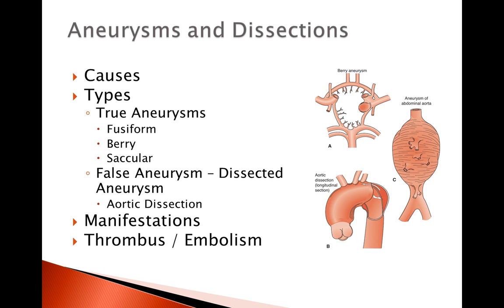In terms of the overall causes, hypertension or high blood pressure certainly can be linked as a primary cause, because as the pressure goes up, it simply weakens vessels throughout the body.